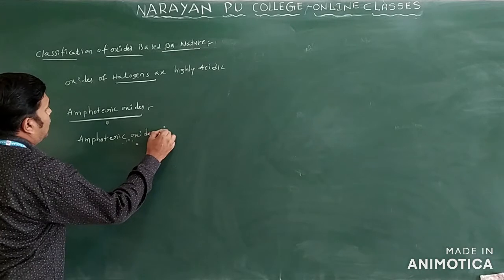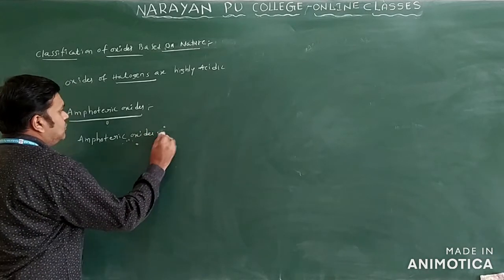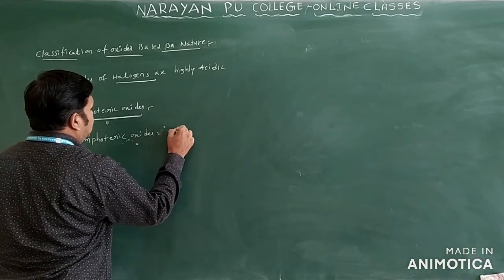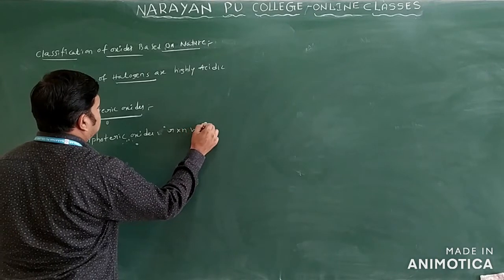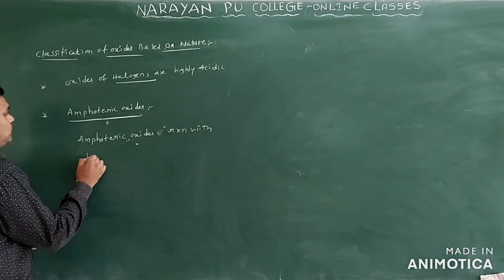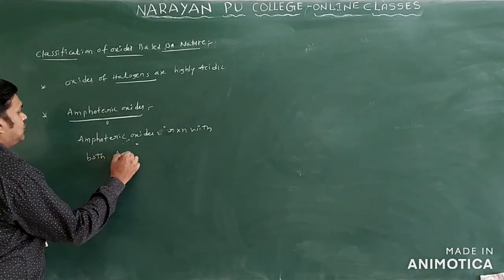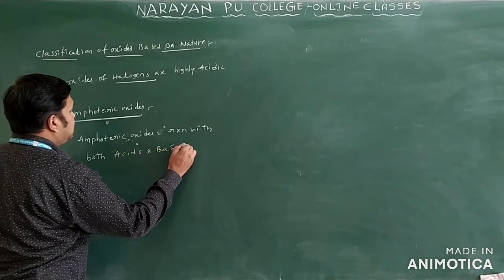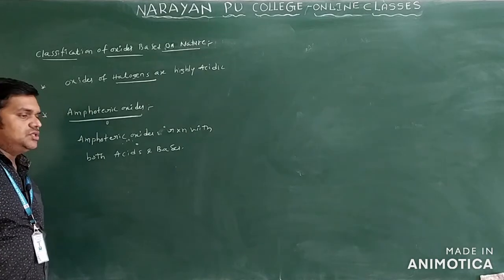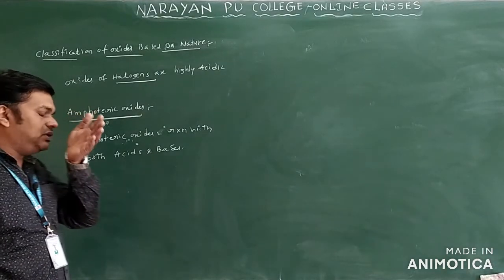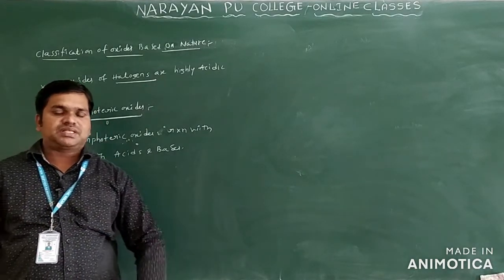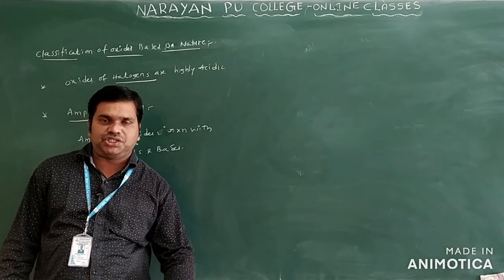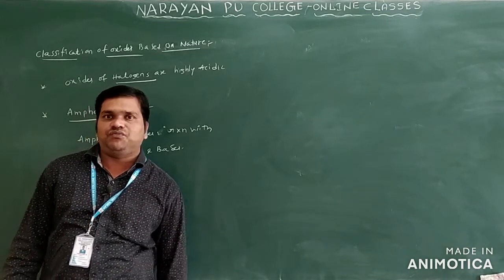Amphoteric oxides react with both acids and bases only. We already discussed some examples. Germanium, gallium, antimony, tellurium come under amphoteric oxides only.